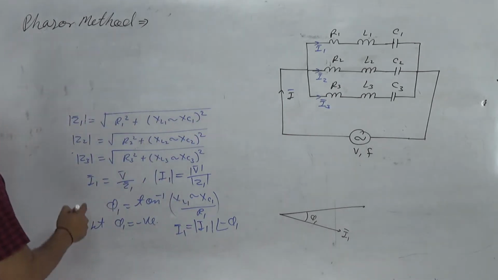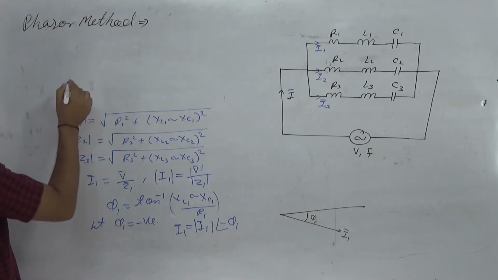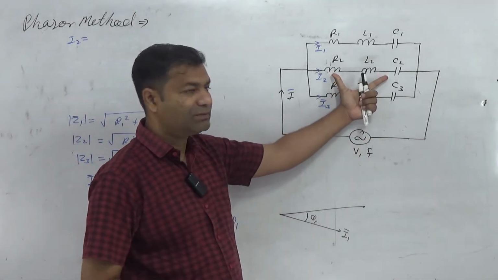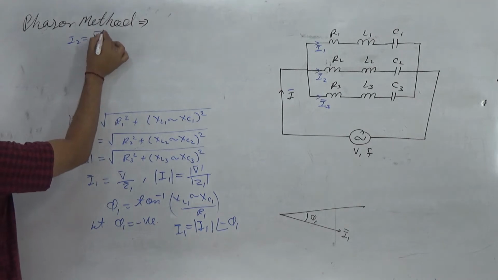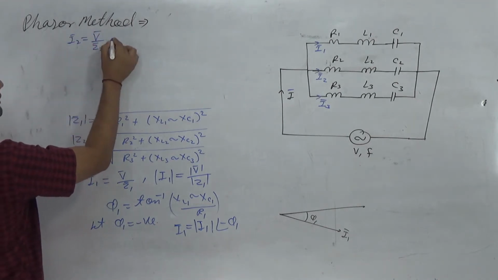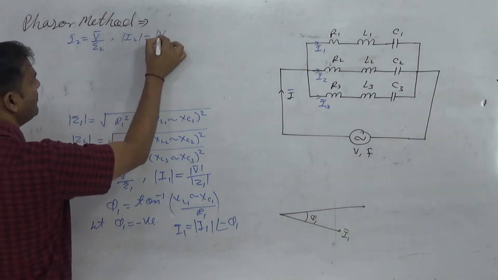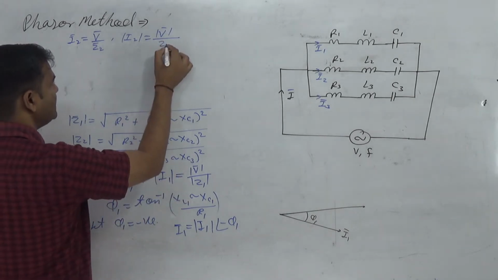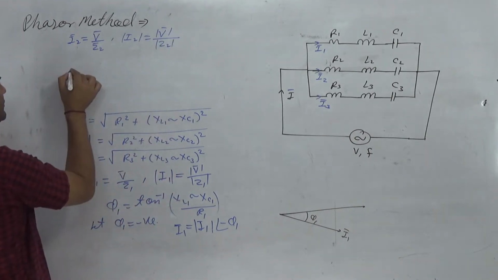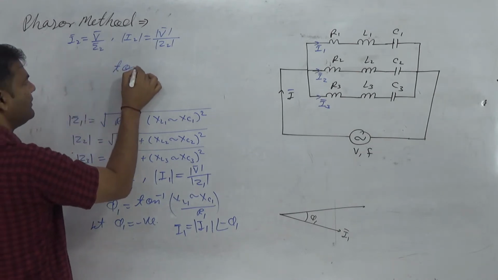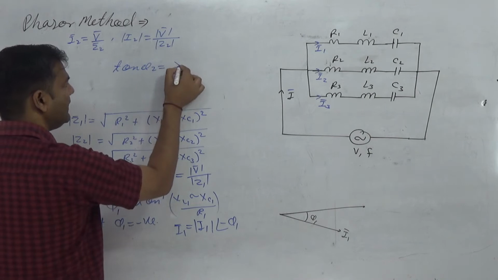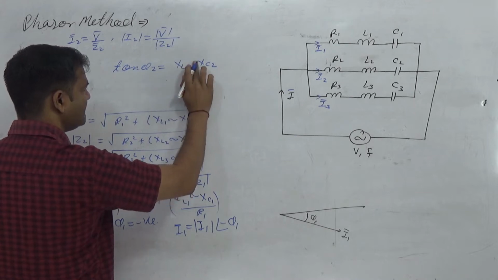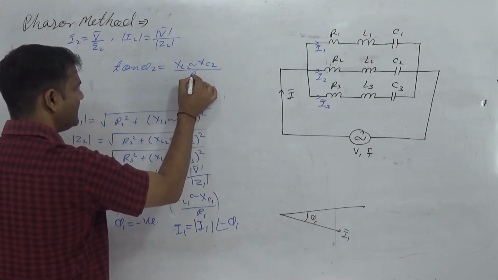Now what about I2? I2 means V divided by this impedance, V divided by Z2, and in magnitude, mod V divided by mod Z2. And what about phi2? Tan phi2 is written as (XL2 minus XC2) divided by R2.